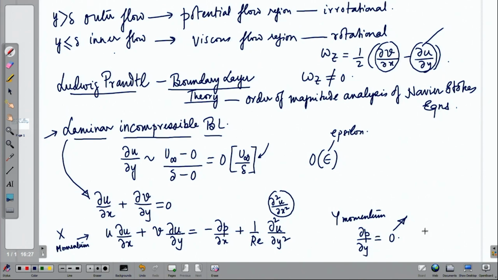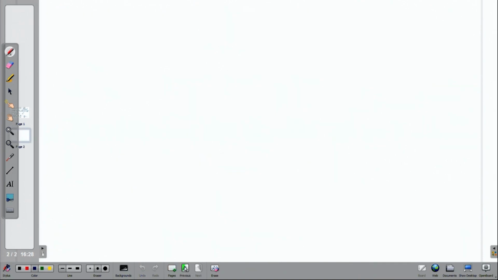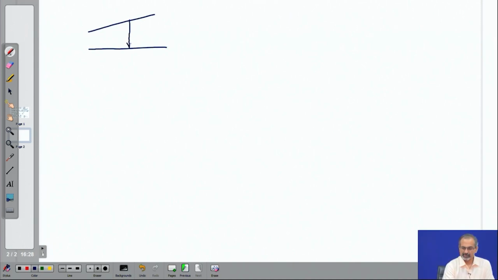If that is the case, then pressure becomes purely a function of x, that is the streamwise location, and thereby this derivative can as well be represented as dp dx, an ordinary derivative instead of partial derivative. There is further implication of this in the sense that the fact that pressure does not change as we move along this thickness would mean that whatever pressure exists at this x location in the potential flow region will be felt all through the boundary layer right up to the wall.